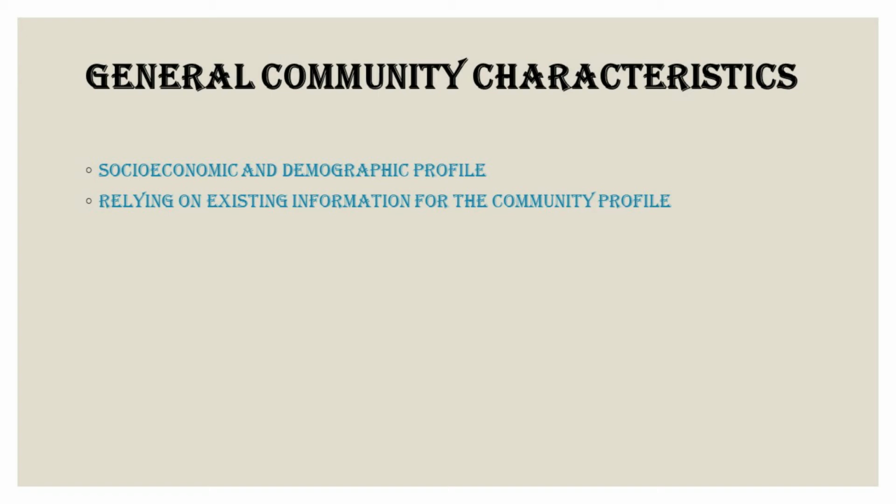Because these data have been systematically collected, they are almost always reliable and valid. Most are available on the internet, in the local public library, or from the state or country agency. Relying on existing information for the community profile is the least expensive way to gather statistics and provides consistent data that can be used easily for comparative purposes.